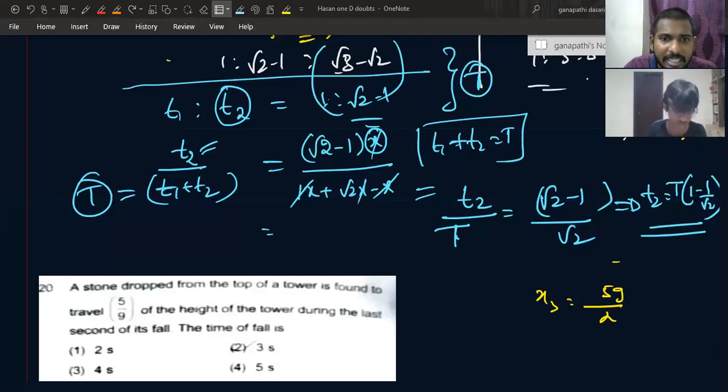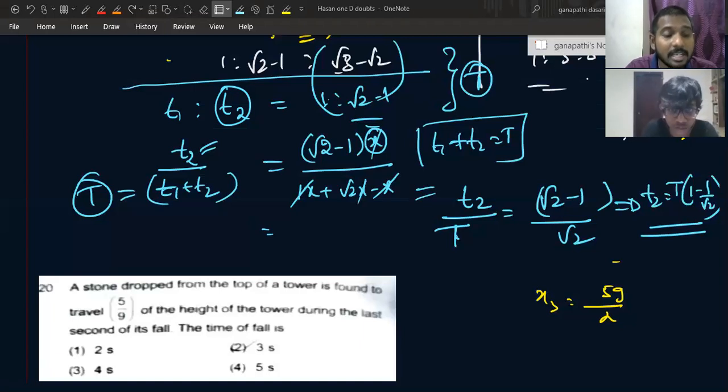And the number of times it is asked: AIPMT 2009, question number 5, question number 12. Can you see? You tick those questions so that you can solve them at home. There are other previous year questions also. Here only 15 questions are given. I'll send you a PDF of previous year questions from some book. You see that nearly 5 to 6 questions are asked on only this concept.